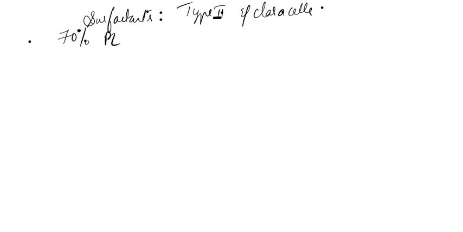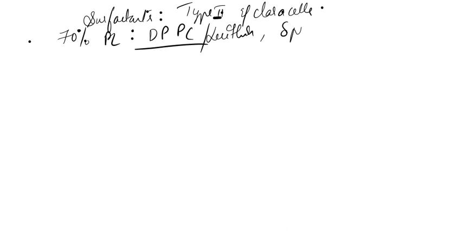Okay, and the main component is dipalmitoyl phosphatidylcholine, DPPC, or you can also call it lecithin. And a minor component of surfactant is sphingomyelin. Okay.